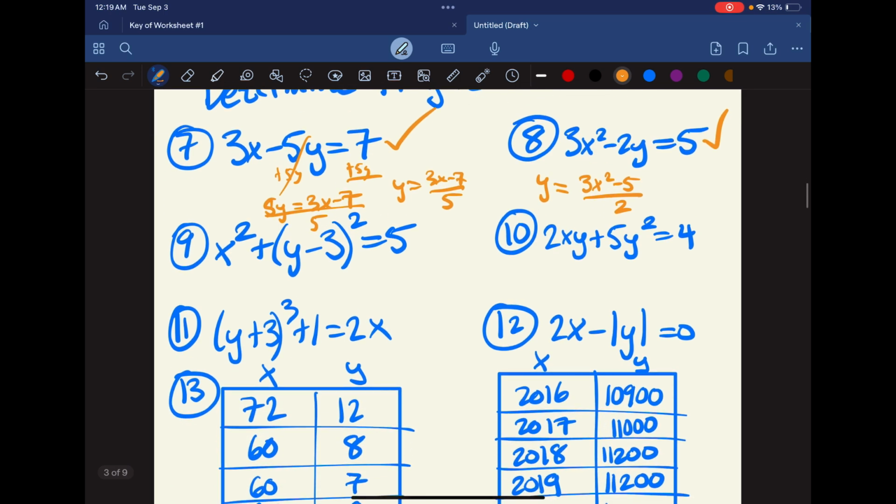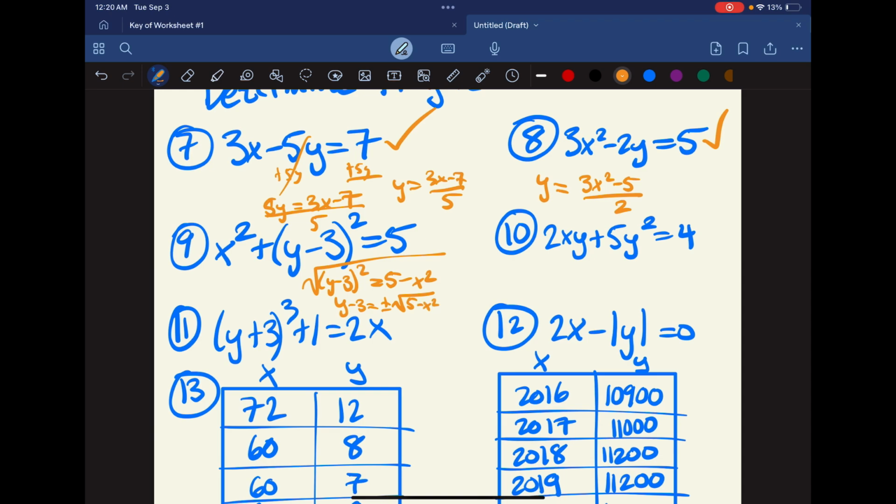Now for this one, number 9, we have a bit of a situation here. Let's move that x over to one side. So (y minus 3) squared equals 5 minus x squared. Then we would take the square root of both sides, and we would get y minus 3 equals plus or minus the square root of 5 minus x squared.